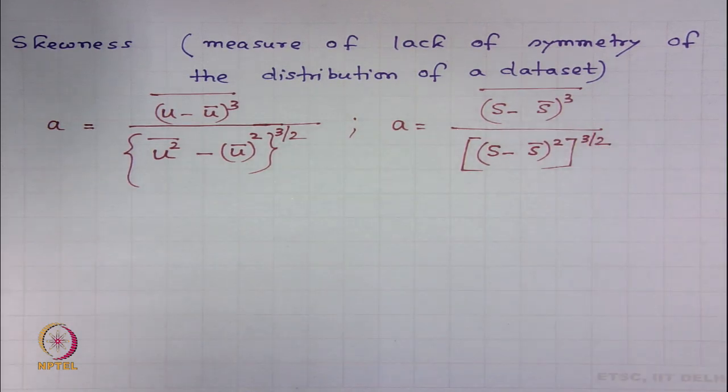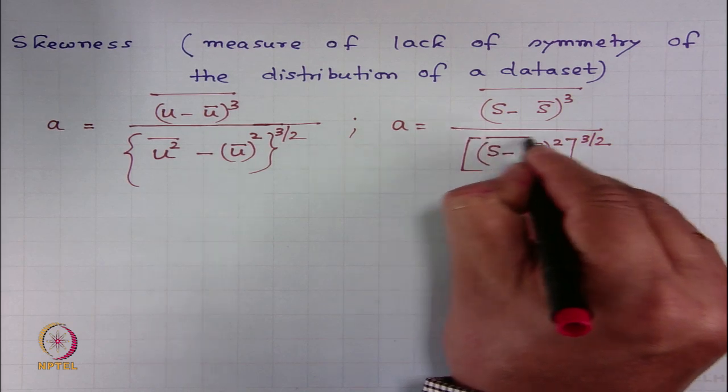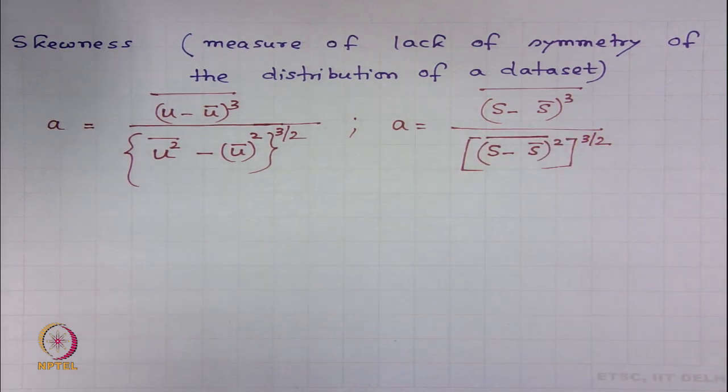To the power 3 by 2. So, this is about your skewness. Another terminology is kurtosis.